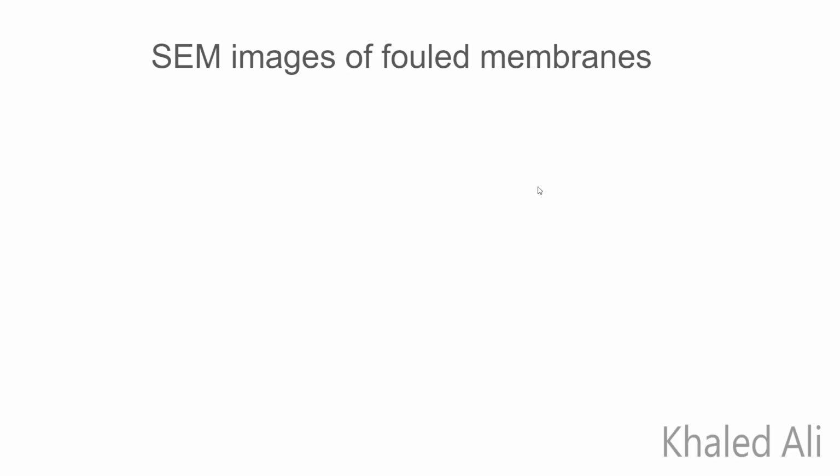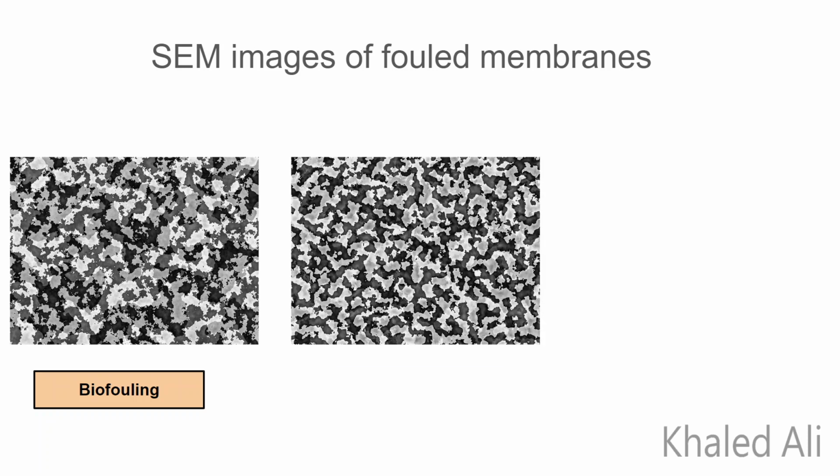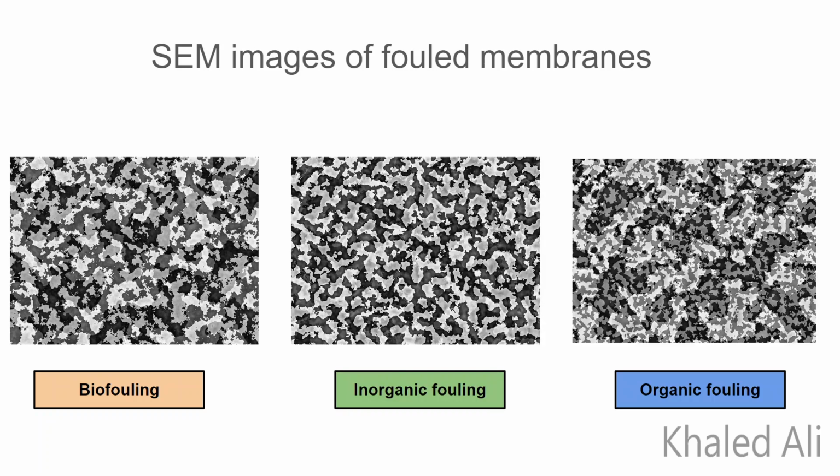Suppose we have scanning electron microscope images of fouled membranes. Suppose we have a membrane with biofouling mainly, one with inorganic fouling, and one with organic fouling. We already knew or identified each type of fouling using chemical analysis or whatever method we can use to identify fouling type.